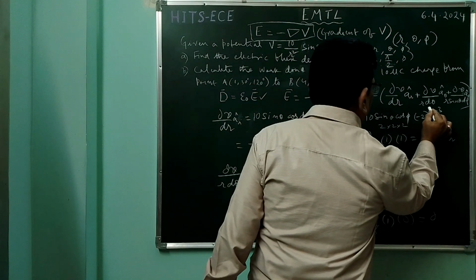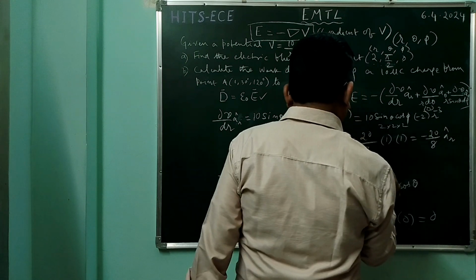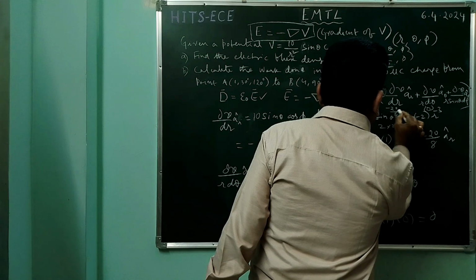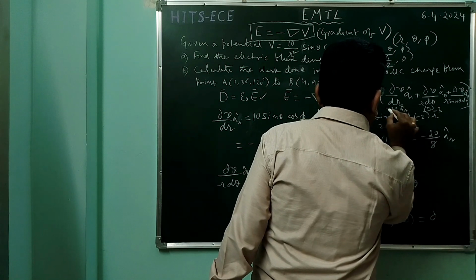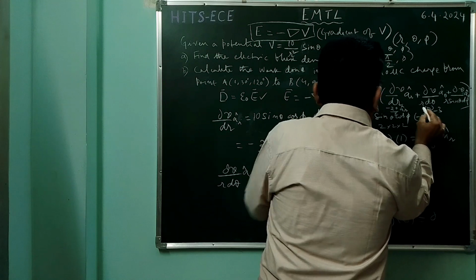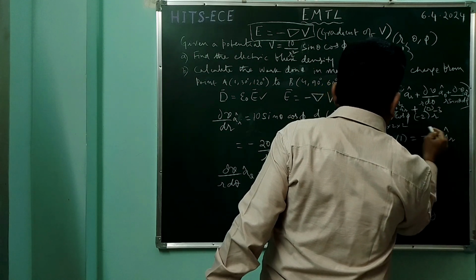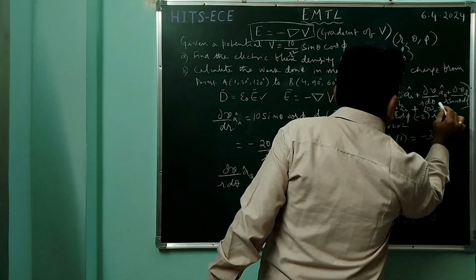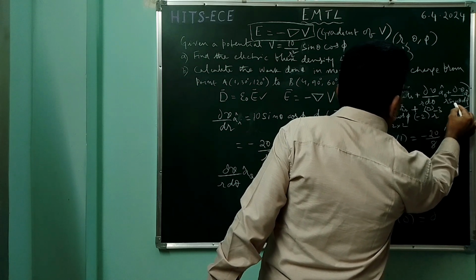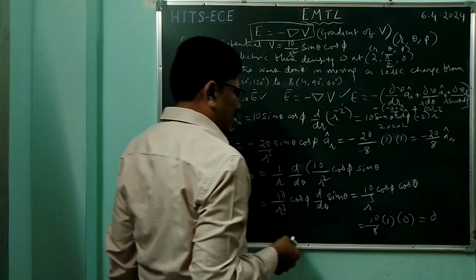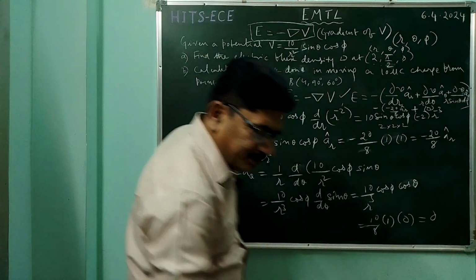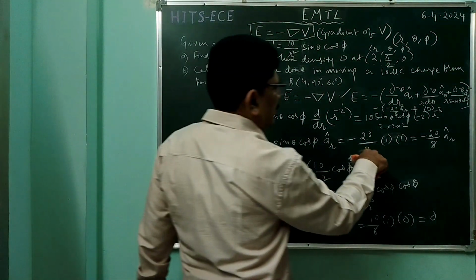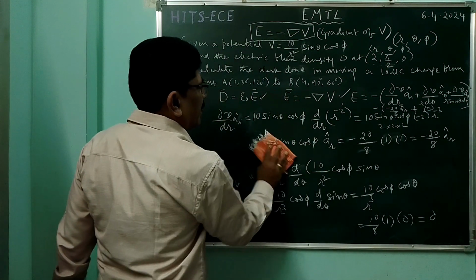The second term will be equal to 0, and the first term is minus 20 by 8 ar cap, plus the a theta term, which is 0. Let us do the third term also. That is minus 20 by 8 ar cap.